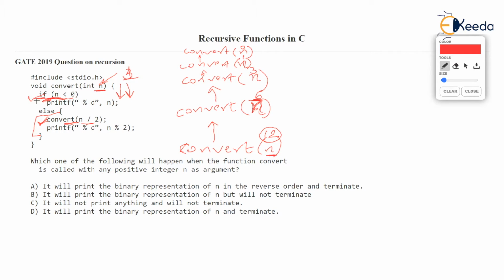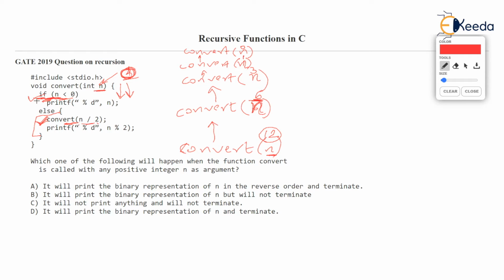Now what happens next? When this convert is called with parameter 0, n less than 0 is still false, because 0 less than 0 is false anyway, isn't it? Yeah, 0 less than 0 is false. So else runs and it calls convert 0 by 2. Are you understanding?